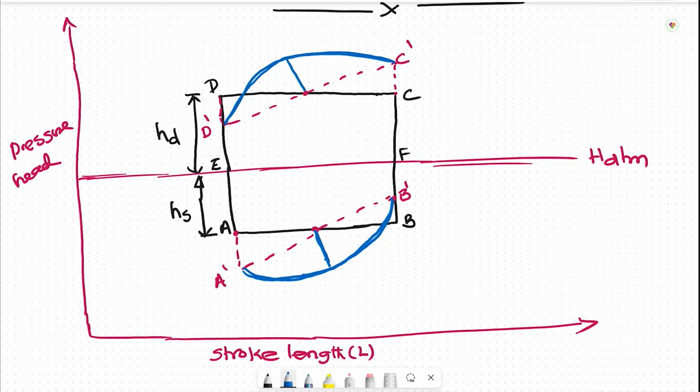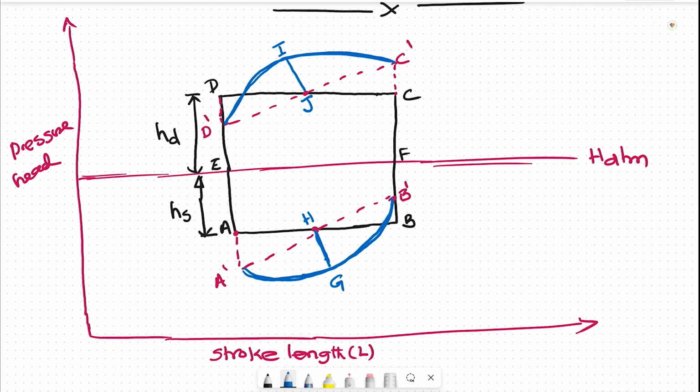Right. Now, if you see the final indicator diagram, if I write it as G, H, similarly, it is I, J. Right?